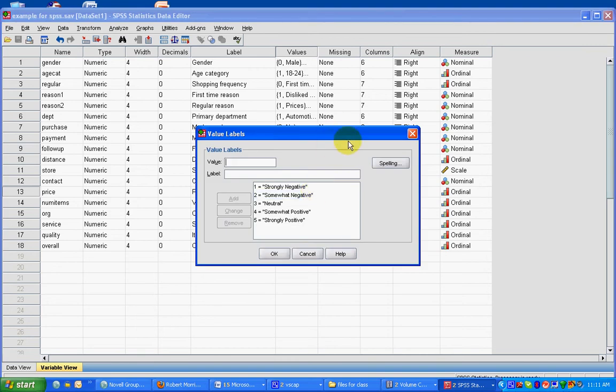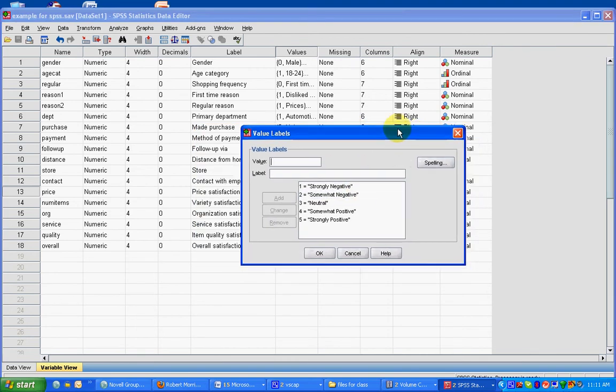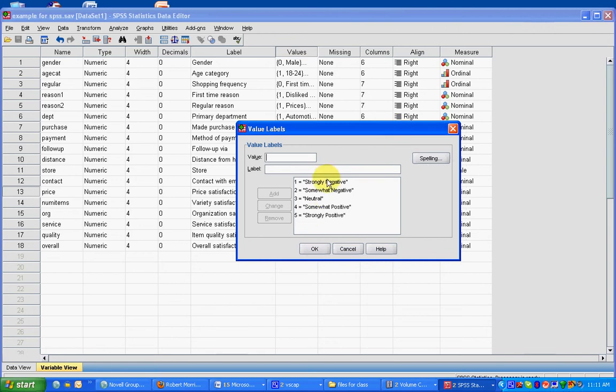Now, if you'll note here, for the variable price satisfaction, we have strongly negative, strongly positive. That was when people were asked what is their perception of their price satisfaction, they indicated either strongly negative, somewhat negative, neutral, somewhat positive, strongly positive.